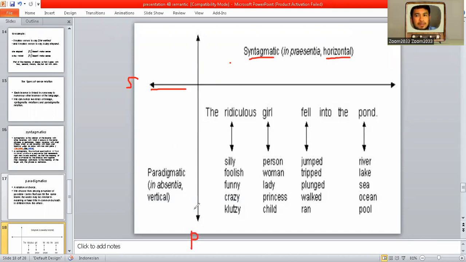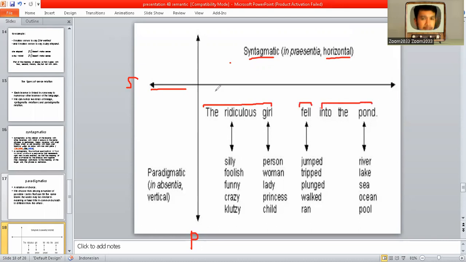So how can we explain this? What about the syntagmatics of this sentence? Take a look at the structure: the ridiculous girl fell into the pond.